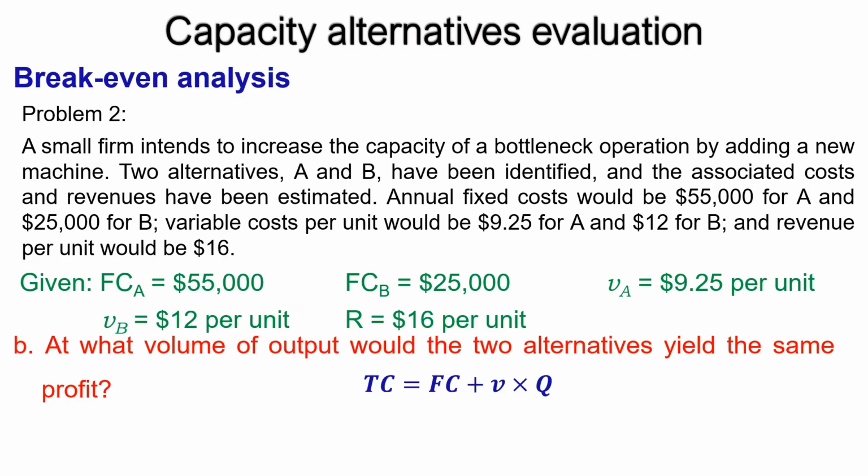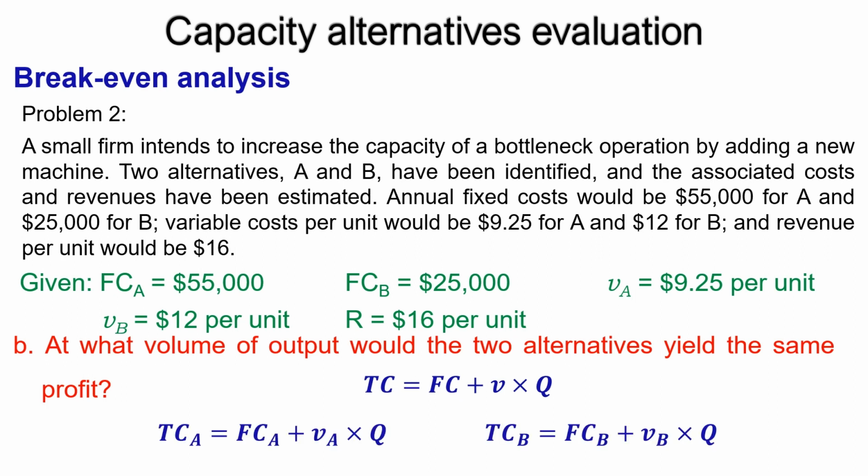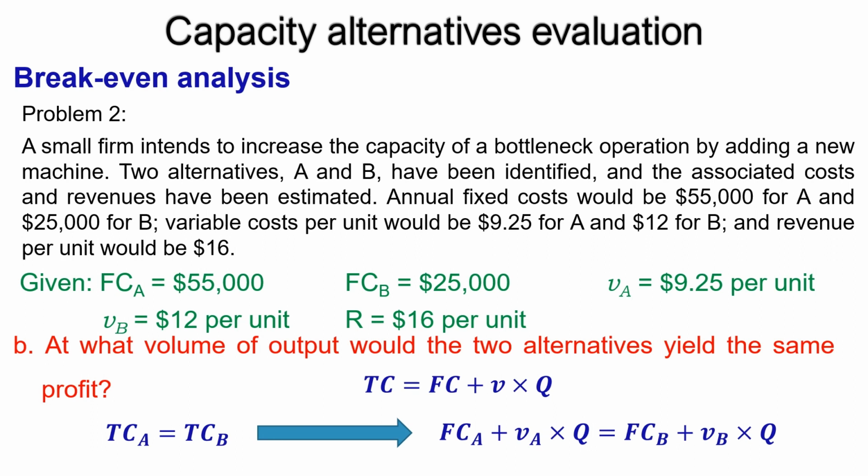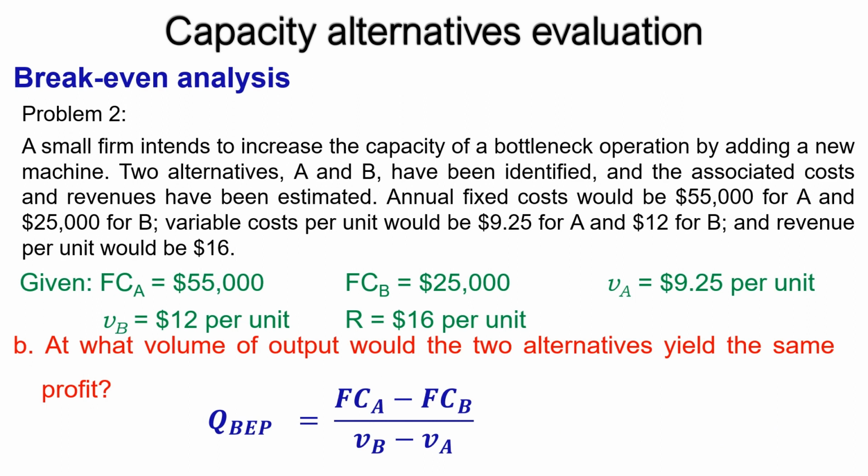Generally, the total cost, TC, equals FC plus V multiplied by Q.